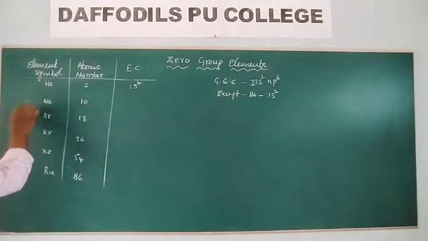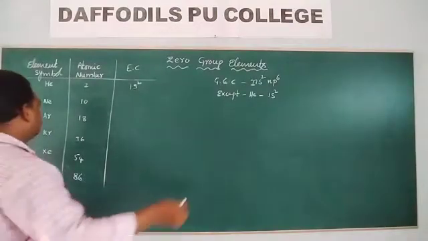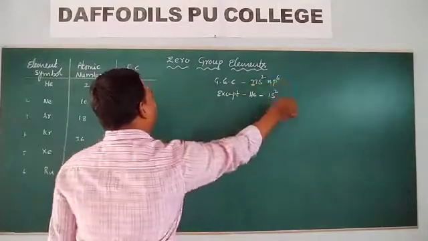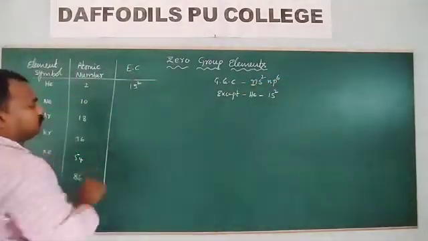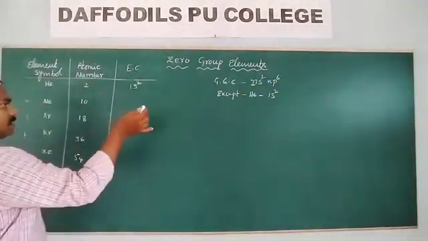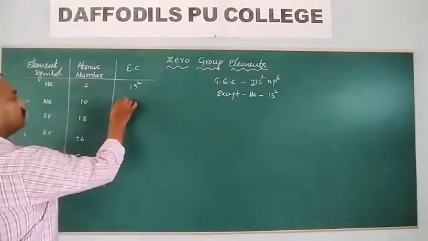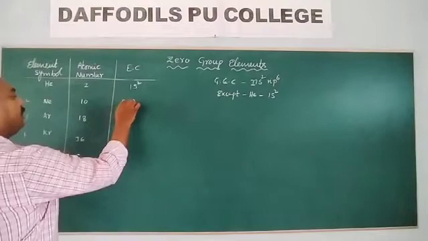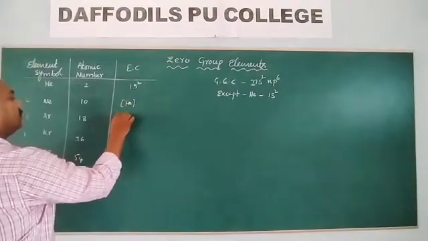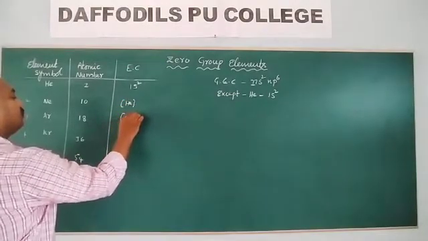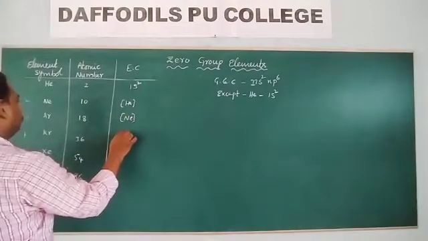So this is a second period element, third period element, fourth period element, fifth period element, sixth period element. Substitute the period number and you will get the electronic configuration. While writing the general electronic configurations, you have to write the inert gas electronic configuration.